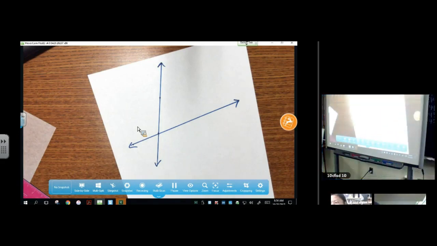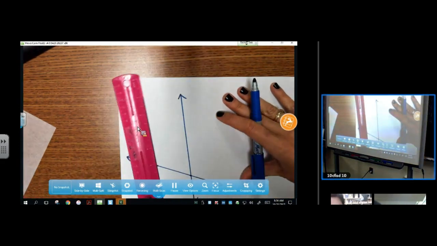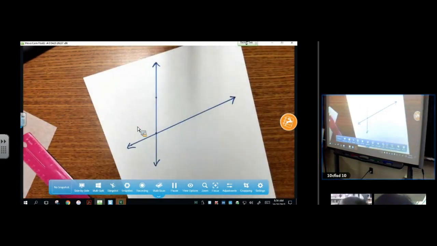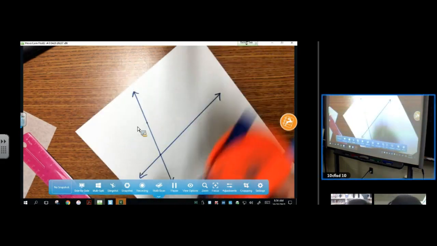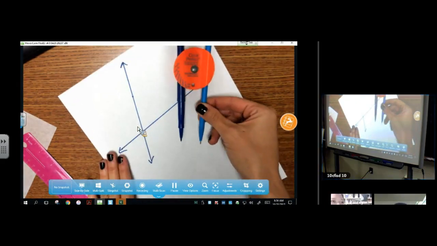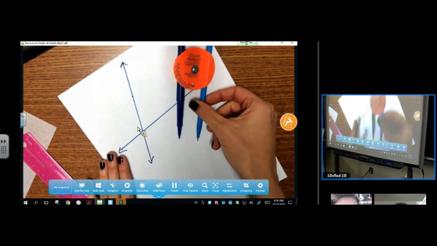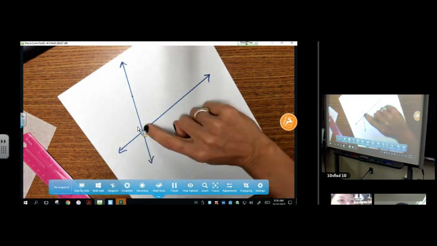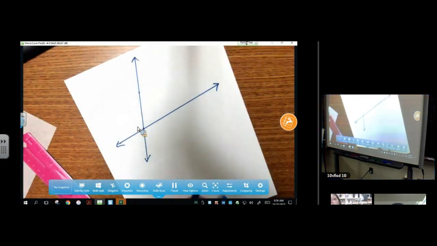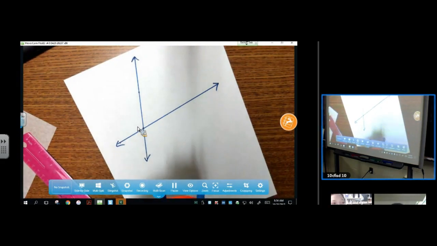Okay, now we're not going to just take our straight edge and just be like, all right, that looks parallel, and draw it. No, we're going to perfectly draw parallel lines using our compass. The way that we're going to do this is by copying an angle. So we're going to take this angle right here, and we're going to copy it up here, and that's where our parallel lines are going to originate.